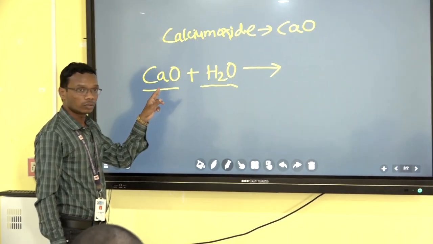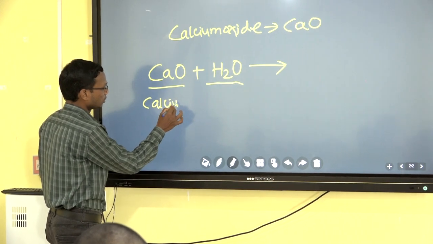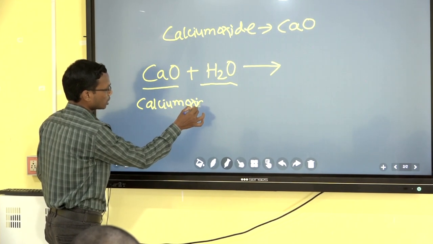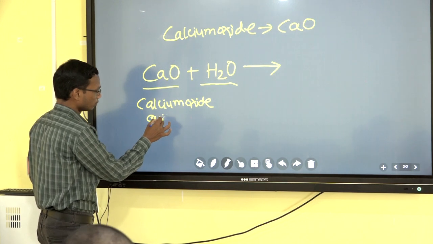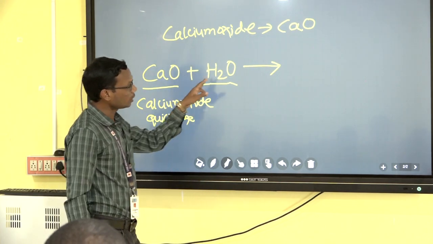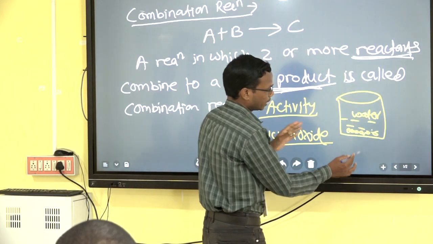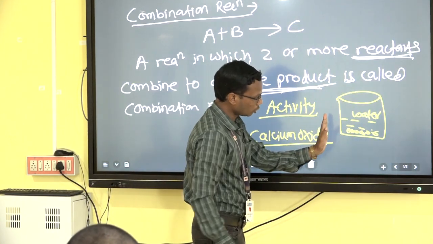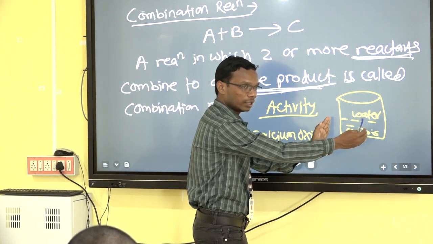CaO, you know CaO, calcium oxide, common name quicklime. When it reacts with water, what happens? This is a beaker. You just touch the wall of the beaker.